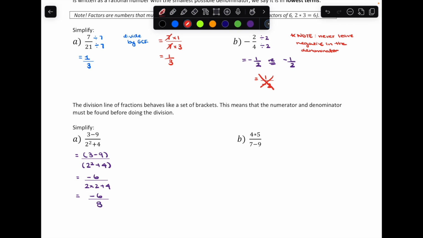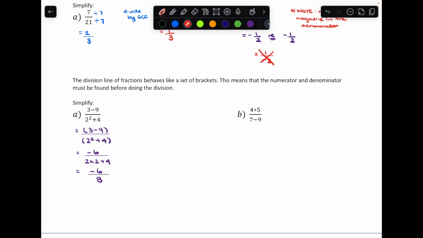So here we have negative 6 over 8. And anytime we have an expression, we always want to see if we can simplify. And here we can simplify by dividing both 6 by 2 and 8 by 2. So here our final answer will be negative 3 over 4.